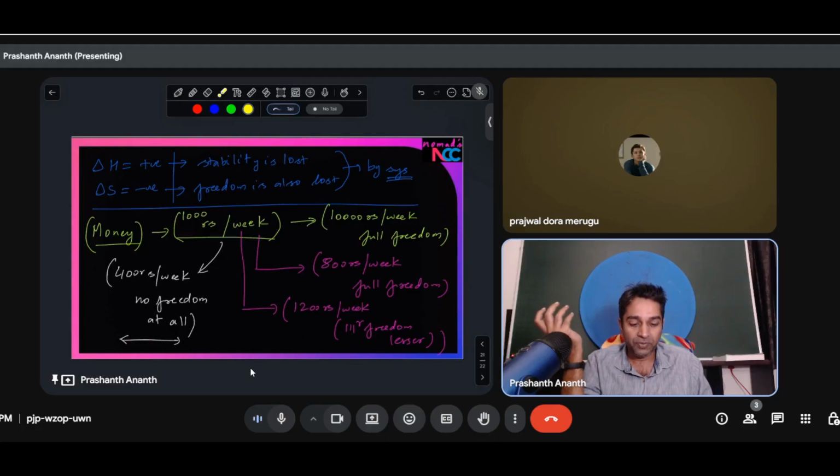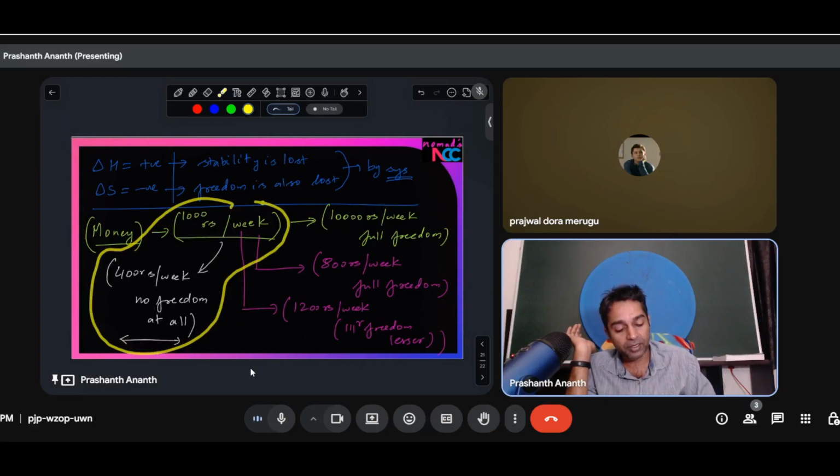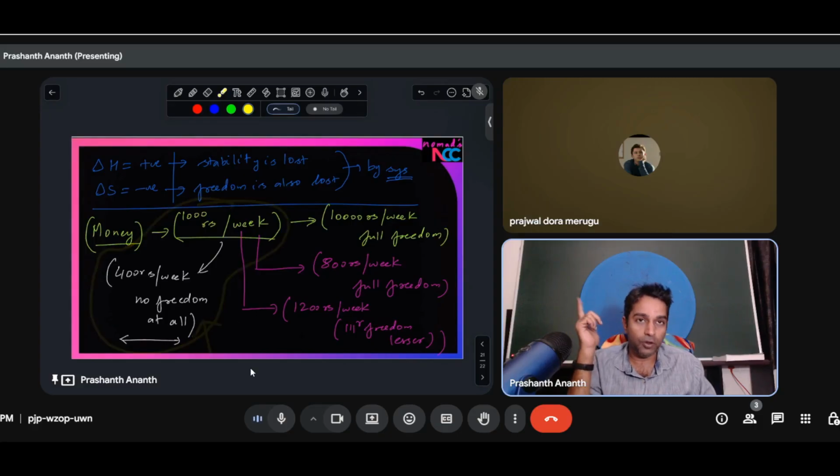So obviously in that case, you will have no way to not take it up. That will be your only way. So this path is going to happen only when it is forced onto you.